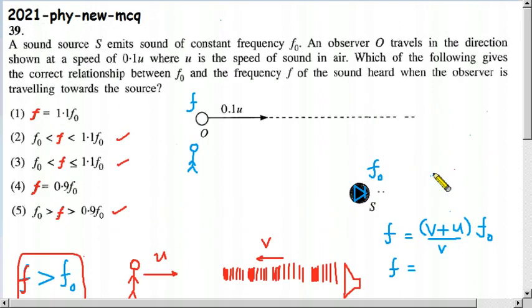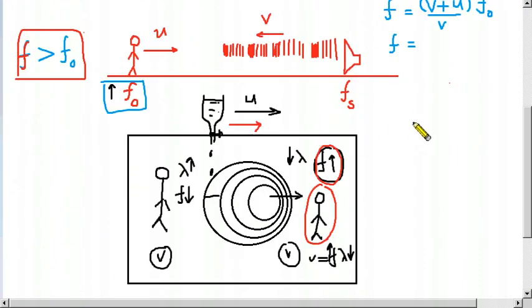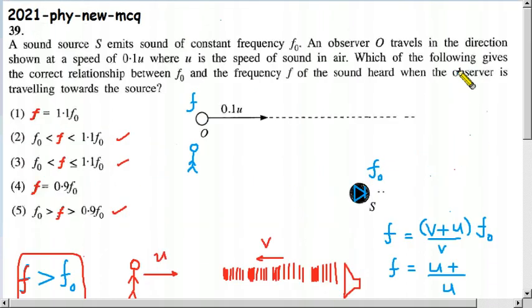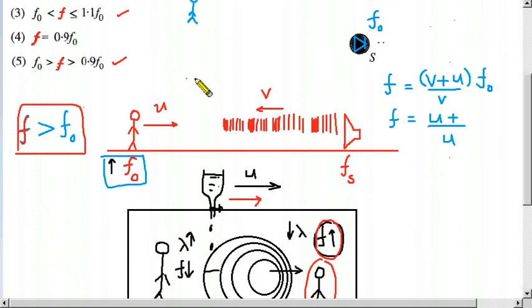Instead of v, we have to write u because they have given u as the speed of sound. So here u and here u, then plus, instead of u, the velocity of the observer. The observer's velocity is given as 0.1 u. So we have to write 0.1 u like this.